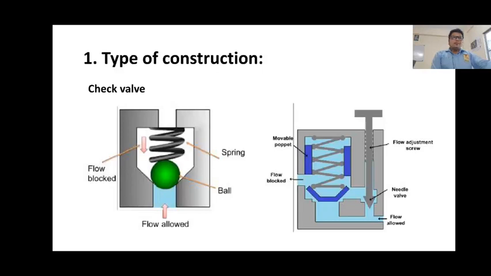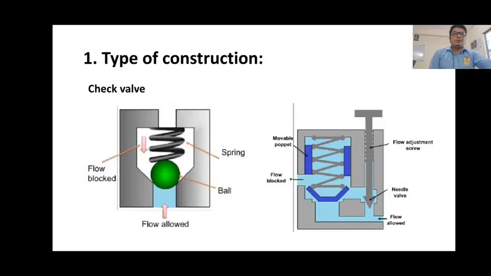The pressure drop is comparatively less in right angle check valves. Some valves are made for applications where free flow is required in one direction and restricted flow in the other direction. These types of valves are called restriction check valves, which you can see in the figure on the right hand side. A flow adjustment screw is provided, and it has a needle valve that can control the flow of the fluid.